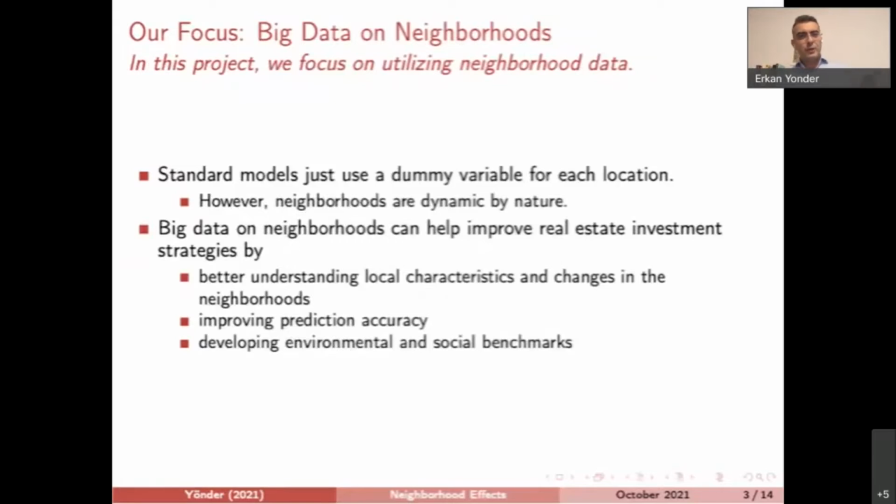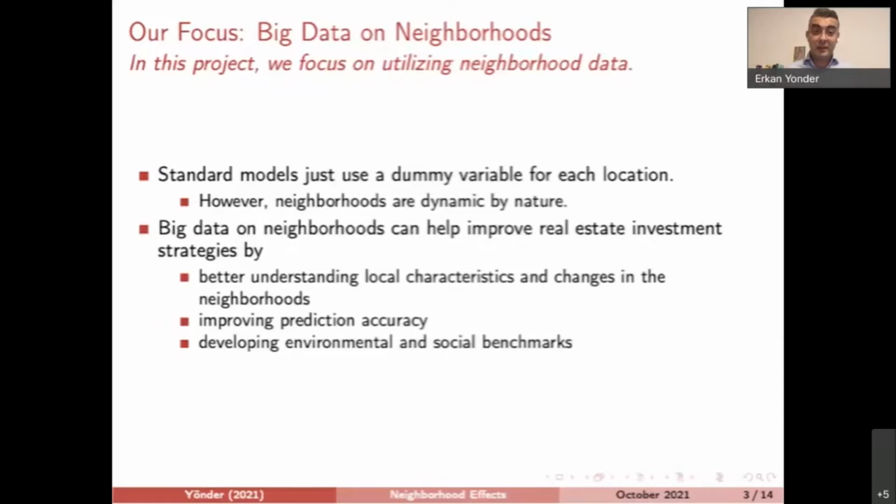So if a property is located in a specific zip code, or in the downtown Toronto area or not, we use these location dummies or 1-0 variables to understand the locational dynamics, but they don't represent any information related to the neighborhood surrounding these locations.